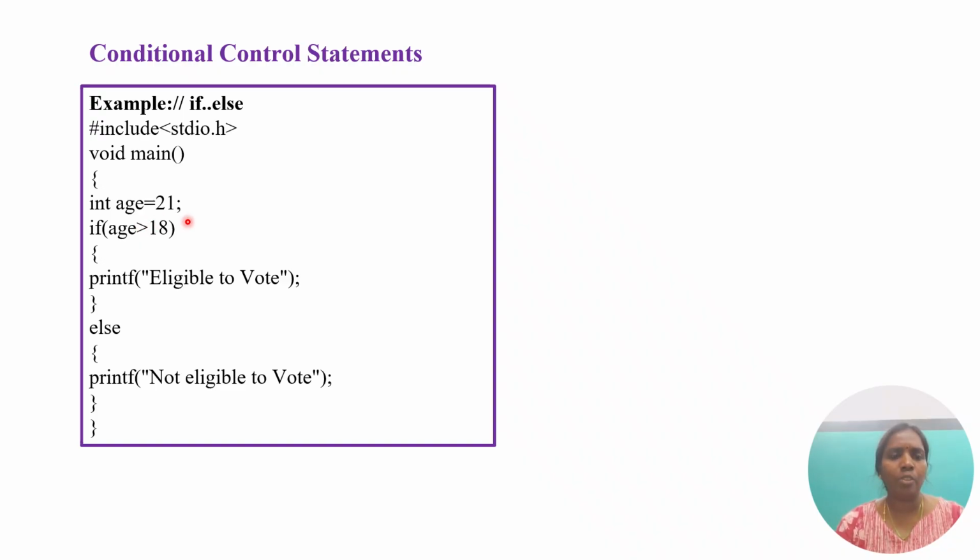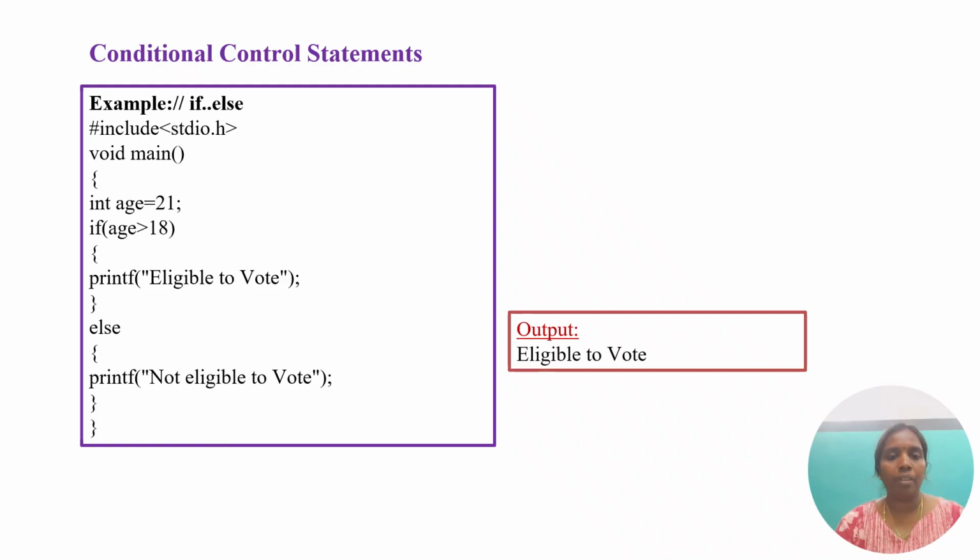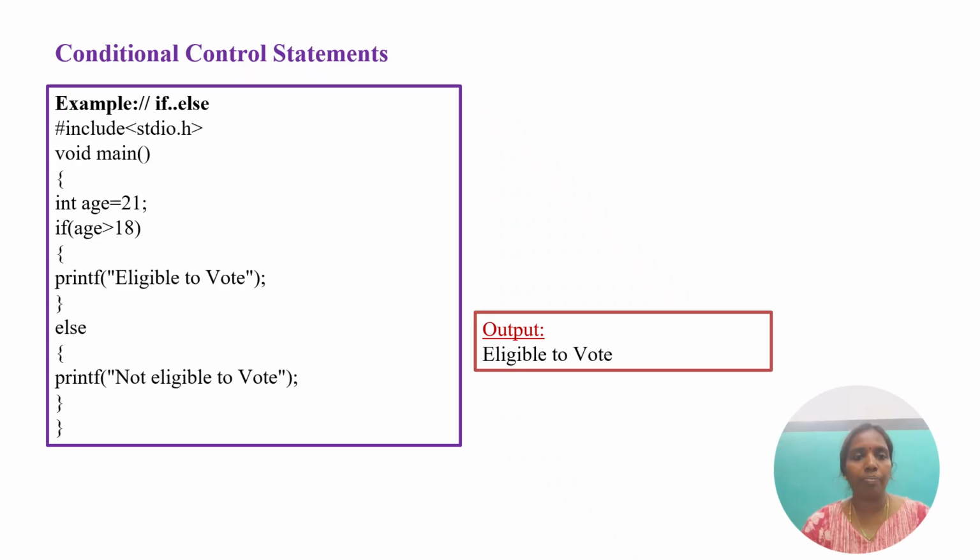If age is greater than 18, the statement eligible to vote will be executed. If we alter the value of age to 16 or 15, the else block not eligible to vote will be executed. So the output of this statement will be eligible to vote.